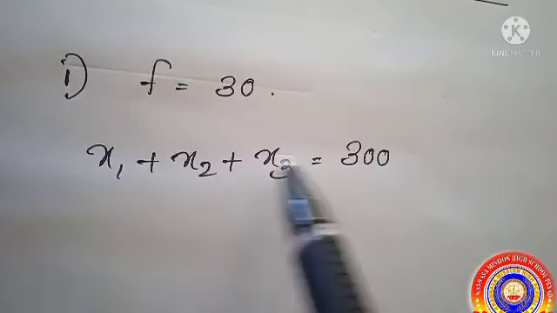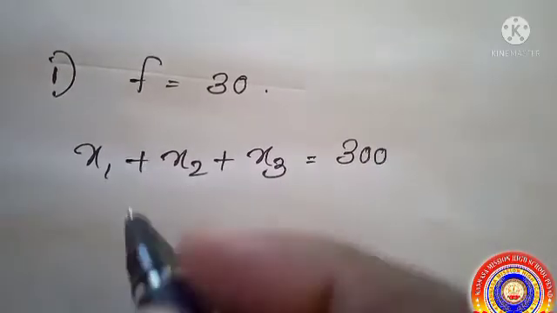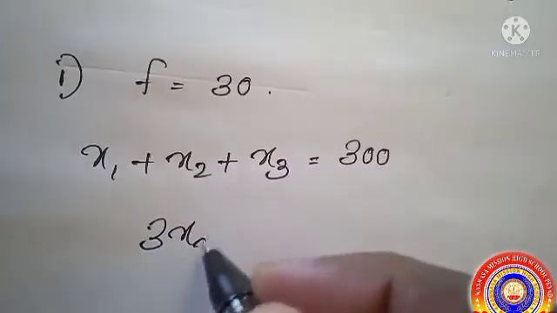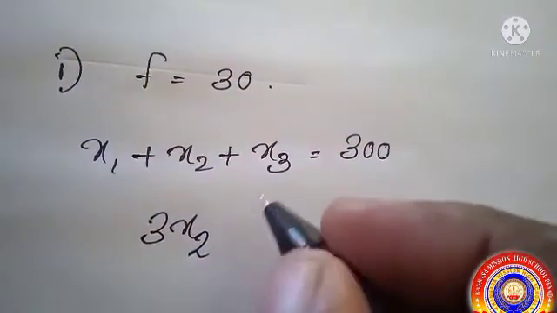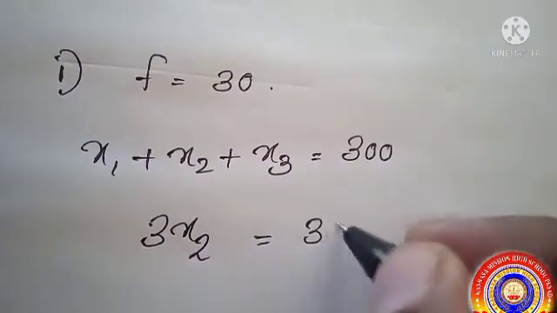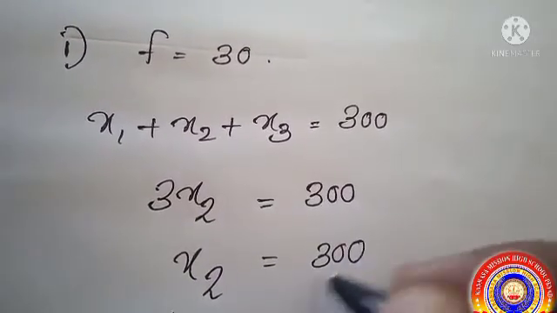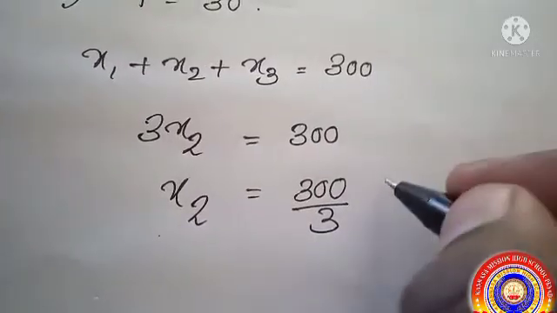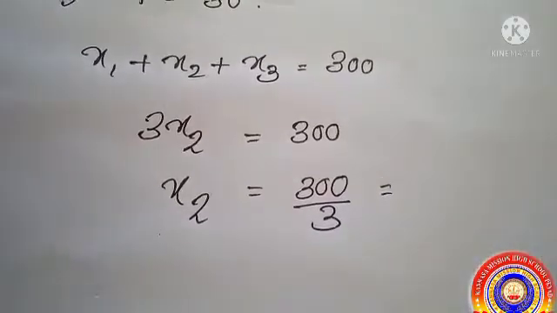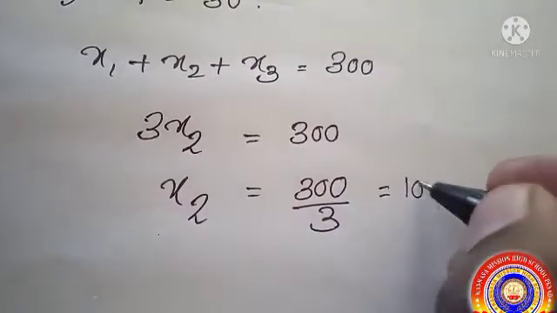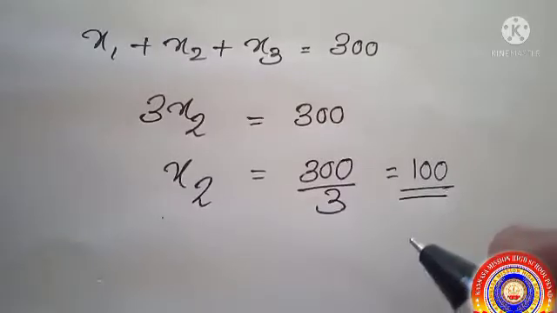Here in the first sub question, the first term is equal to 30 and the sum of 3 consecutive terms x1 plus x2 plus x3 equal to 300. From this we can write 3x2, that means 3 times the middle term, equal to 300, which means x2 equal to 300 by 3, which is equal to 100.